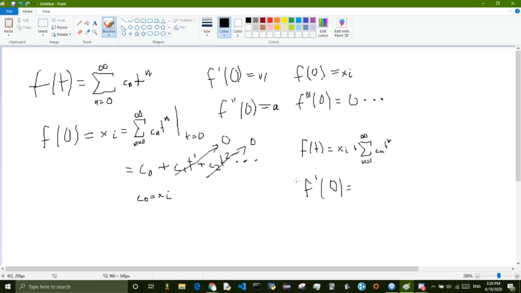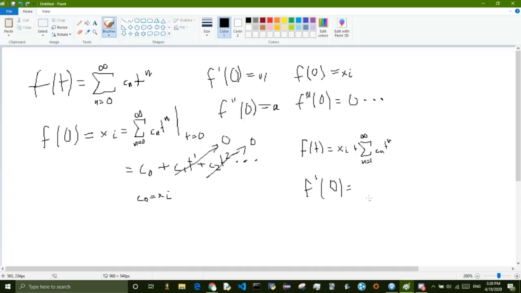The derivative of this sum is simply n minus 1 times Cn tn. Or sorry, this is incorrect. Rather, it should be the sum running from n equals 1 to infinity of, right, the power hops down, you subtract 1.